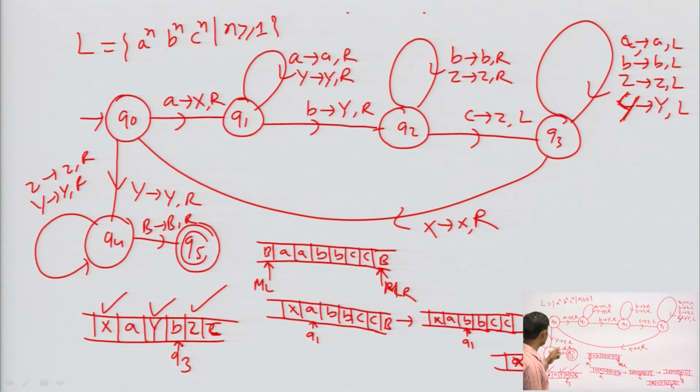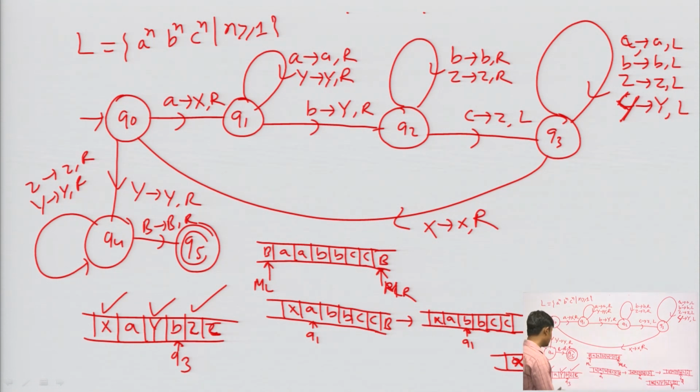If there is no A after X, meaning only Y is there after X, you take a transition to Q4, then Q4 on blank moves right, Q4 on all Y, Z is a loop, and when you find the blank, the string is accepted.